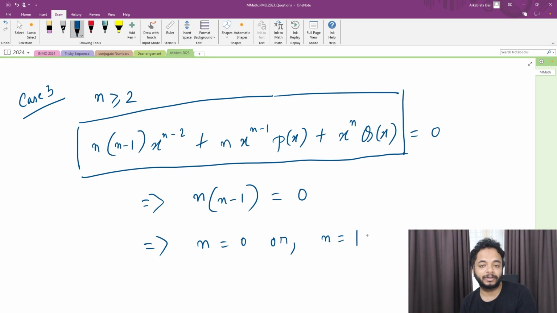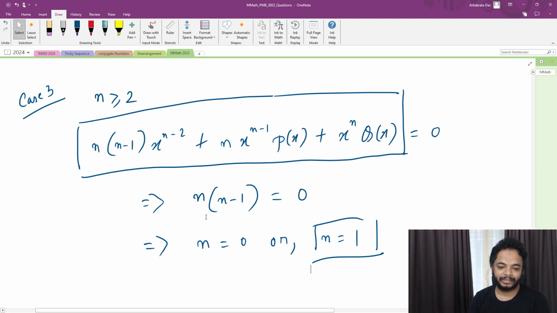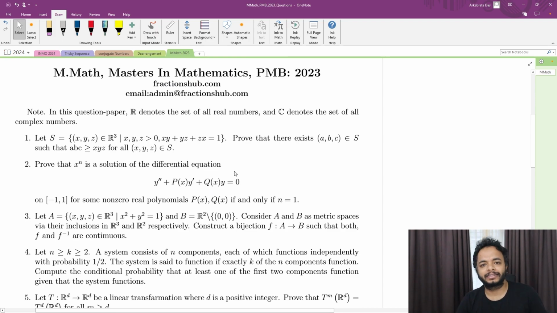We saw in case 1 that n equals 0 doesn't work. n equals 1 works, and that's the only possibility. So y equals x to the power n satisfies the equation if and only if n equals 1, and that's the proof. So that's it for this video.